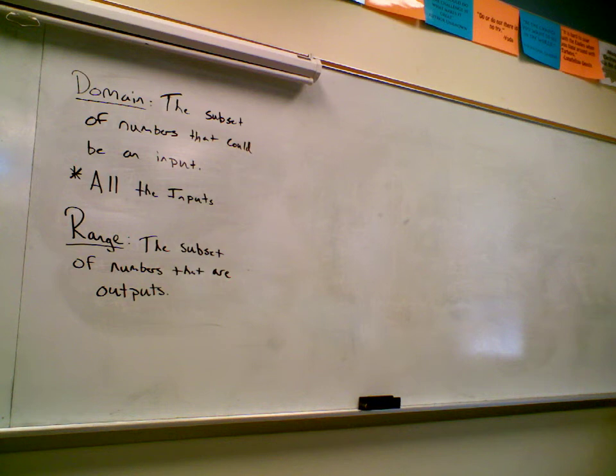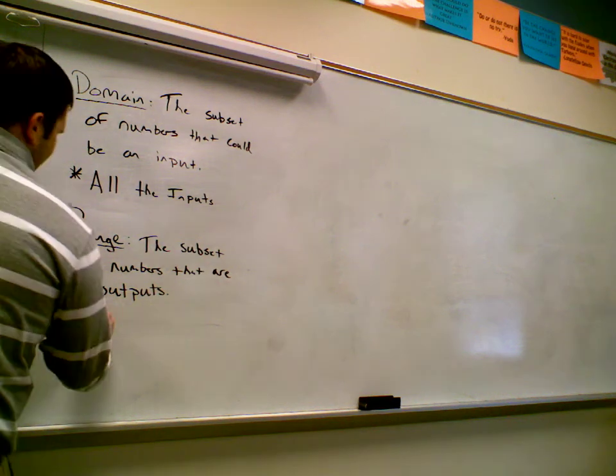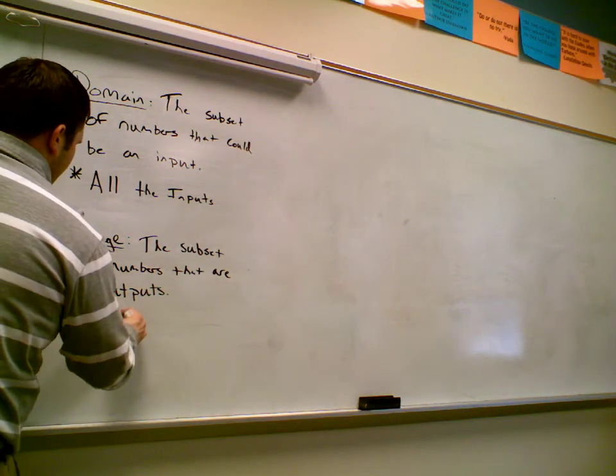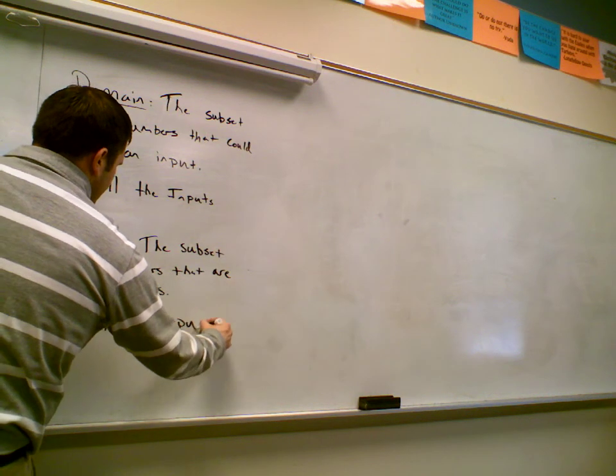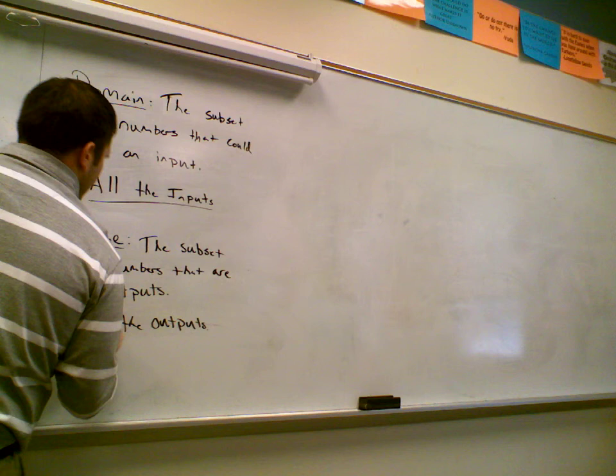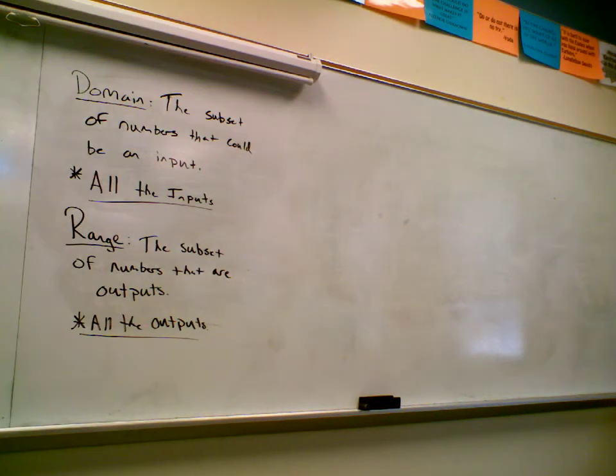Right? That's the range. Now there really isn't a lot of outputs for Brat Styles and Ninja Turtles, besides just pure unadulterated fun. Right? But that's about it. You can think of it this way too, as all the outputs. Any questions about that?